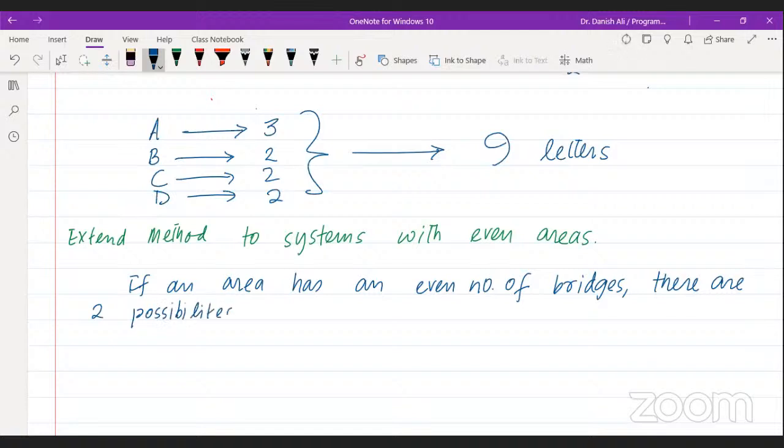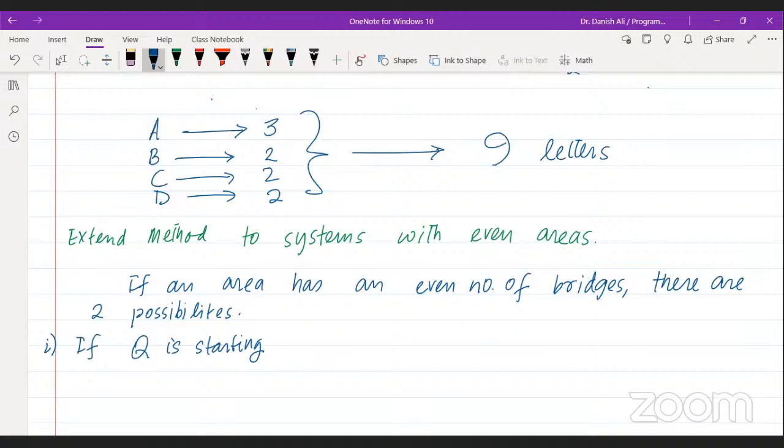First possibility. Let's suppose Q. Here it matters whether you are starting from the point which has an even number of bridges or whether you are not starting from there.